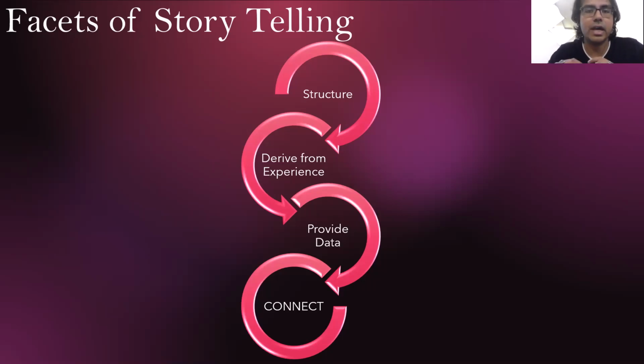You have to ensure that whatever points you want to drive home are driven home through a proper, well-structured, well-thought-out story, because the connect you establish with your team that way is a long-term connect. It ensures that from the starting point to the point where you deliver that product into the market, your team is right behind you, and they feel it is as much their accountability as it is yours to make that product successful.